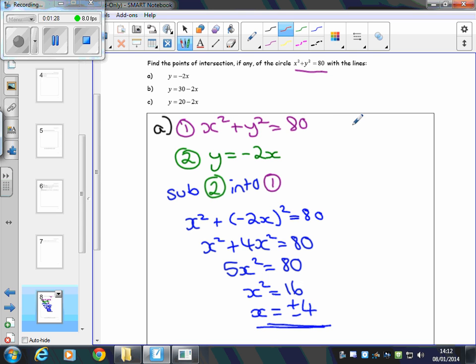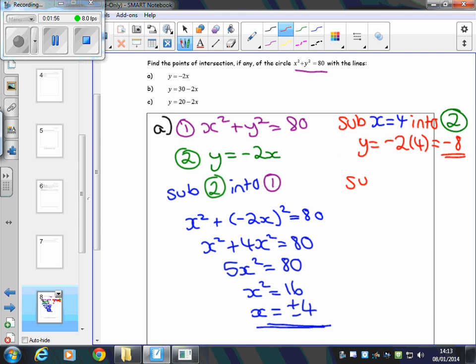Now, I need to substitute each x value back in turn to find out what the value of y is at each point. So I'll substitute them back into equation 2 because that's the simplest one to do. So first of all, substituting in x equals 4 will give me y equals minus 2 times 4, which gives me minus 8.